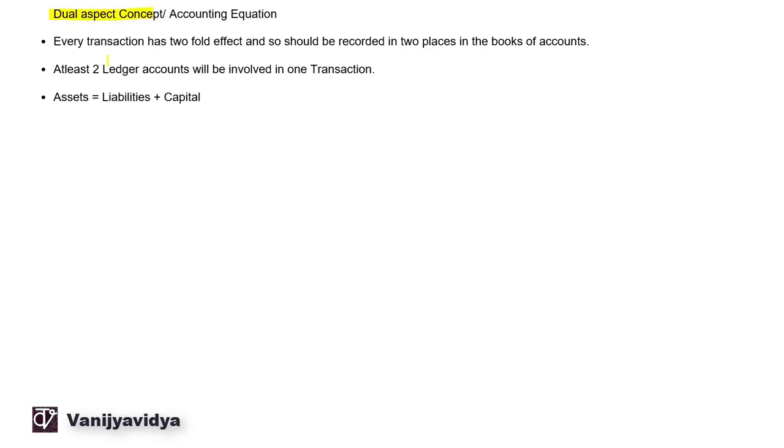Dual aspect concept or accounting equation. So every transaction has a twofold effect and so should be recorded in two places in the books of accounts. At least two ledger accounts will be involved in one transaction. Assets is equal to liabilities plus capital.